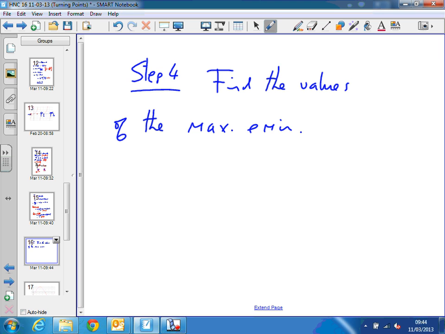We do this by substituting the values for x into the original function.